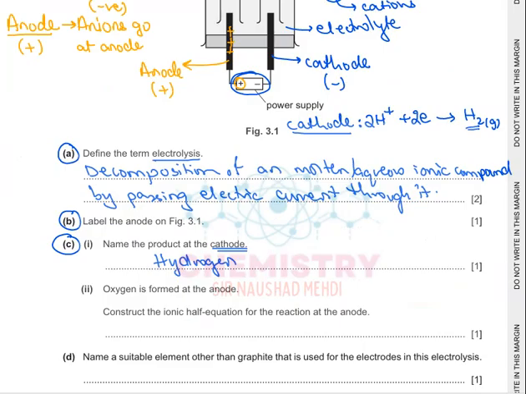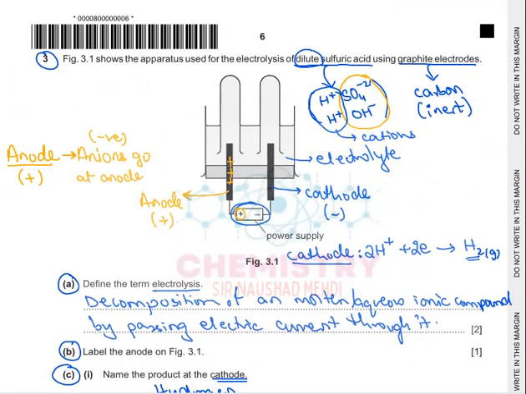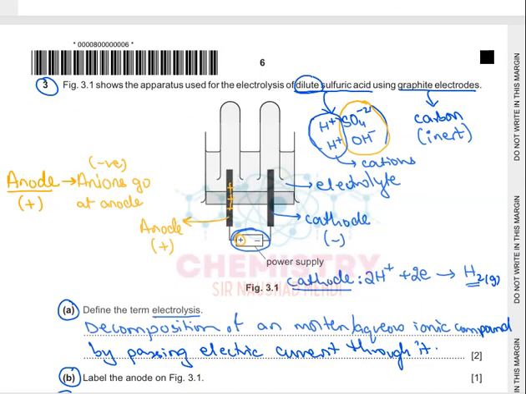Now in the next part, it is saying that oxygen is formed at the anode. Construct an ionic half equation for the reaction at the anode. At the anode, the anions would be going over there. You have two anions, sulfate ion and hydroxide ion. And you have studied that whenever the sulfate ion is present, it will never get discharged. Sulfate ion never gets discharged at the anode.